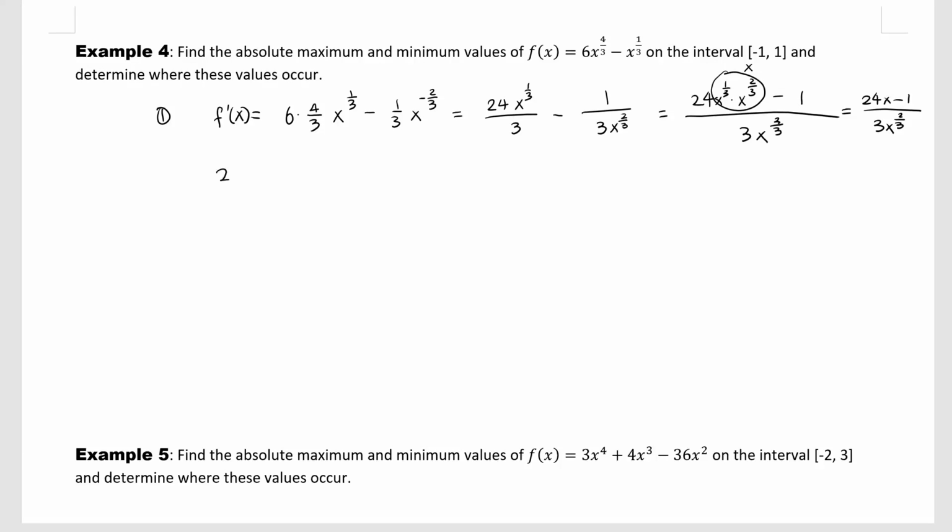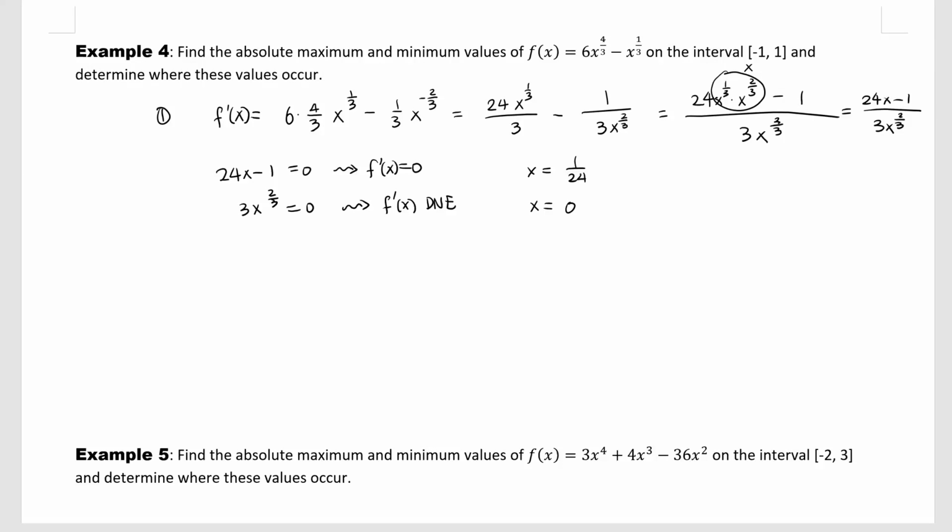By making the numerator 0, we correspond to f prime is 0. By making the denominator 0, we correspond to f prime does not exist. So here we have x equals 1 over 24. Here we have x is 0.